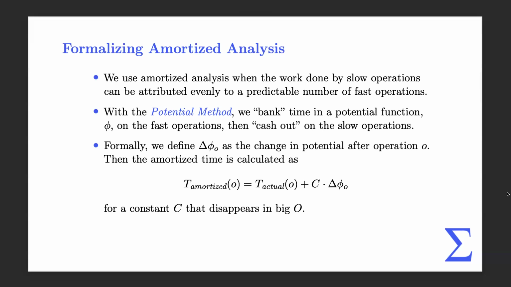And the potential function over time: if T actual was really fast, like for example insert in the Fibonacci heap and binomial heap. When you insert, it's almost too fast, because we're ignoring all of the consequences. We're just going to make a new tree and make insert fast.